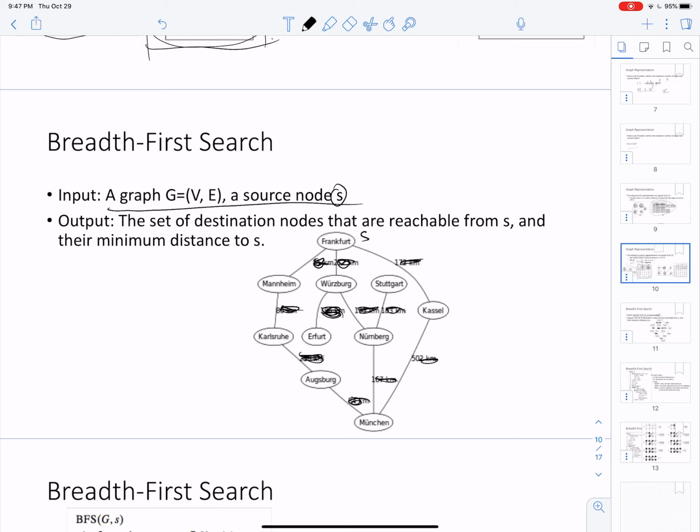You just picked up some mail to send out to different cities, and you want to know what is the minimum distance from Frankfurt to all the other cities?